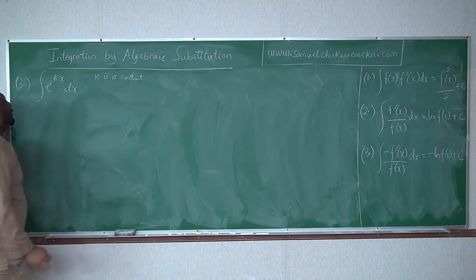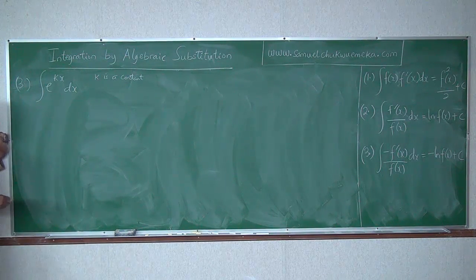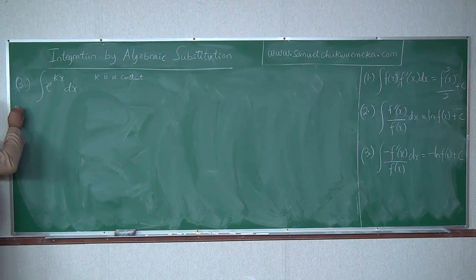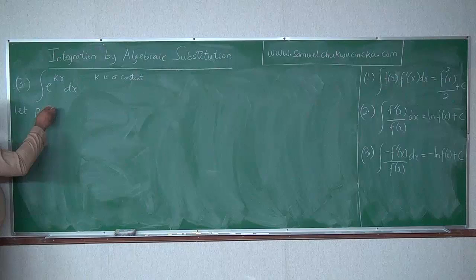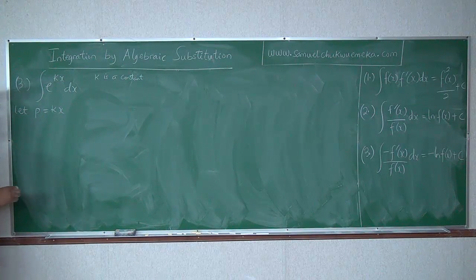It could be a positive constant. I'll just call it a constant here, and later we'll do e to the negative kx. If you have something like this, you will have to use algebraic substitution. So what do you substitute? Let p be kx.